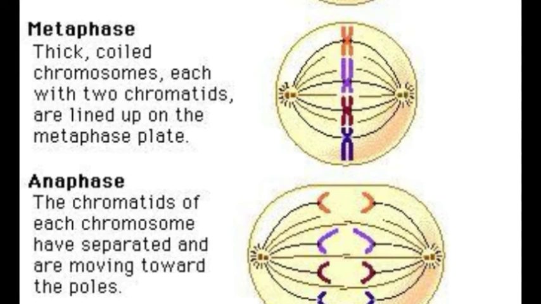The paired centromeres in each distinct chromosome begin to move apart. Once the paired sister chromatids separate from one another, each is considered a full chromosome. They are referred to as daughter chromosomes. Through the spindle apparatus, the daughter chromosomes move to the opposite poles of the cell.